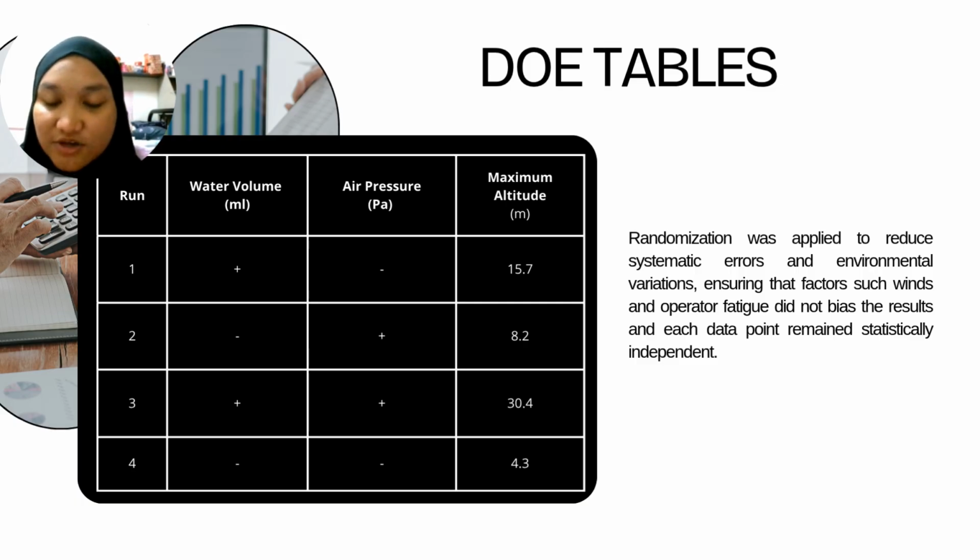For the third test, we use both water volume and air pressure high, so the result is higher than all the previous tests, which is 30.4 meter. For the last test, we use both lower water volume and air pressure, and we also got the lowest maximum altitude, which is 4.3.